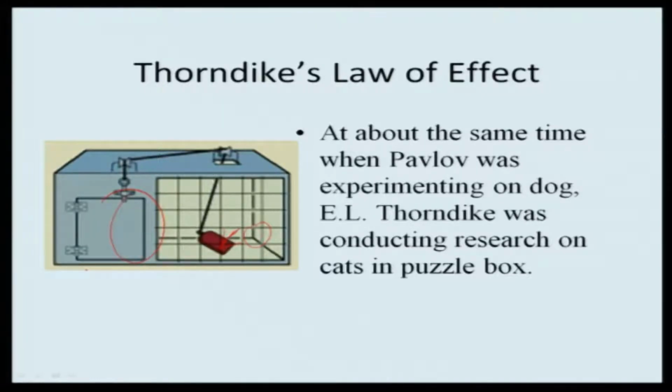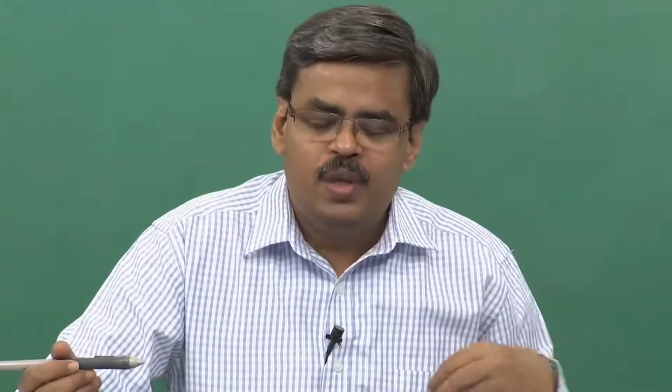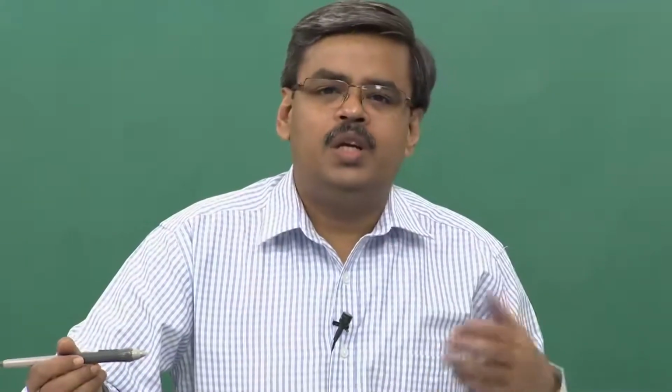Too simple an experiment, but the cat did not know that it was supposed to press the lever. So, accidentally, while making all types of random jerk movements, the cat happened to press the lever. A fish was kept outside this cage; the cat would press the lever, the door would fling open, the cat would come out and eat the fish, and this is how the experiment took place.